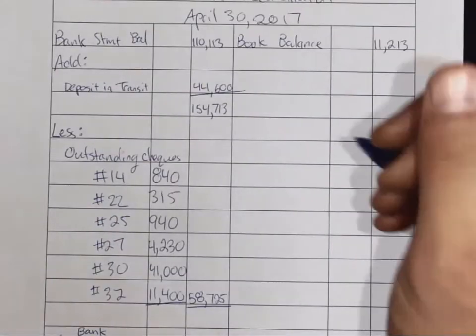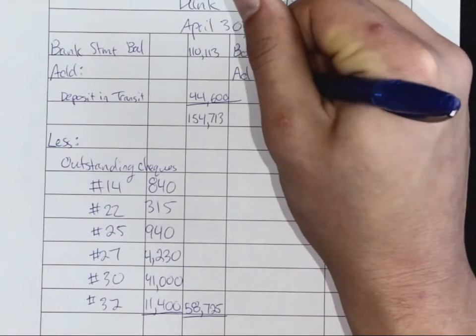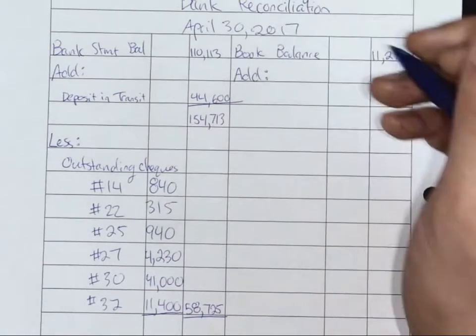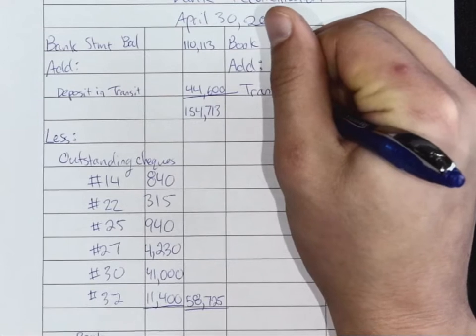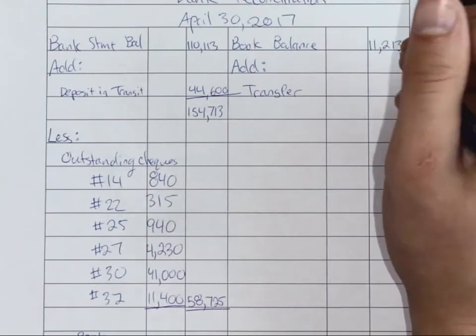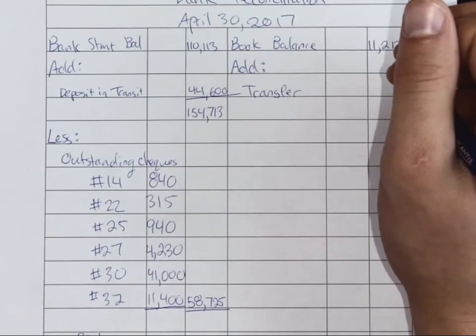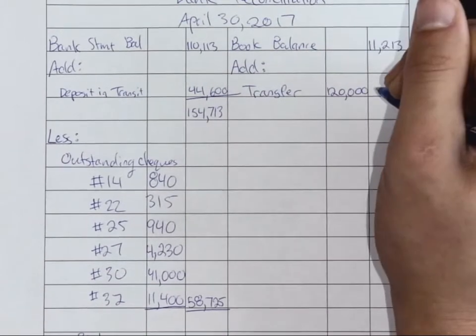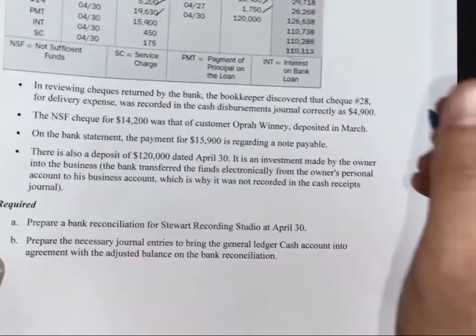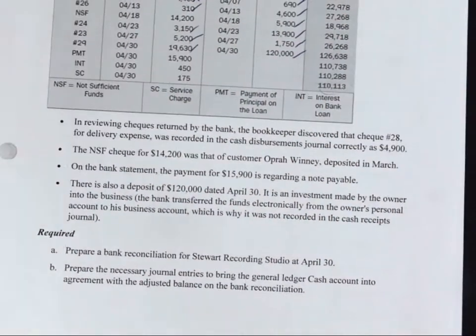So why don't we go ahead and do that? Now why are we adding 120,000? Because we haven't, yes, exactly, we haven't added it in our ledger. 120,000. We can mark it as complete.